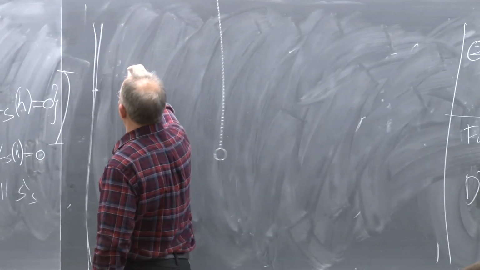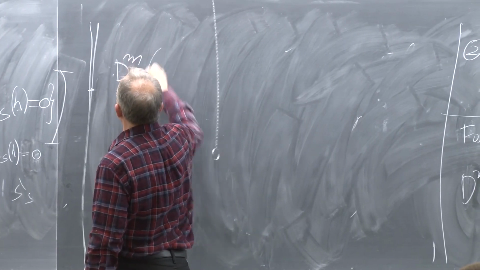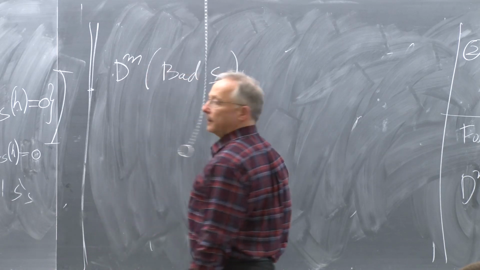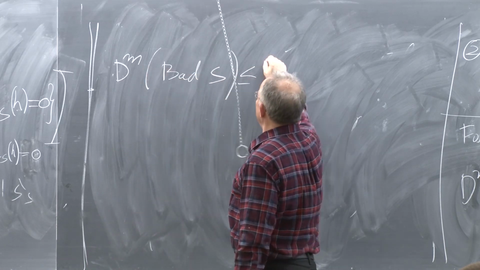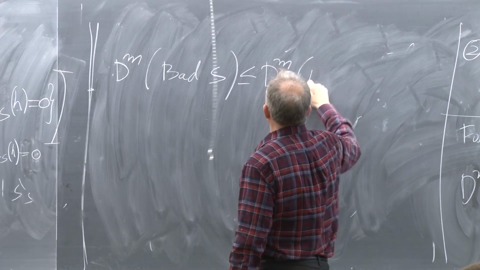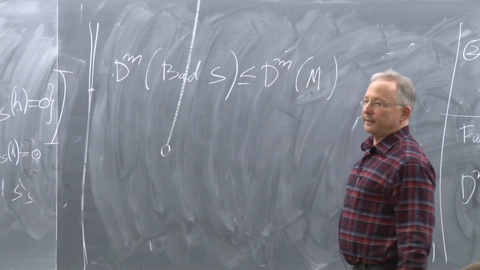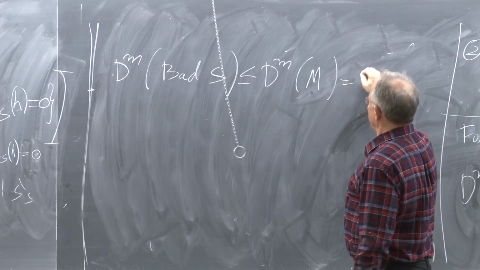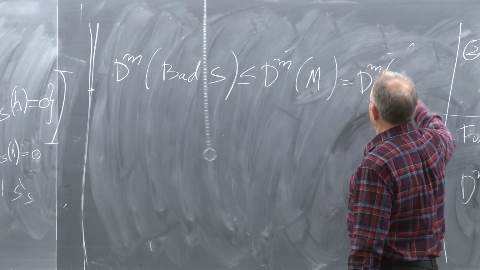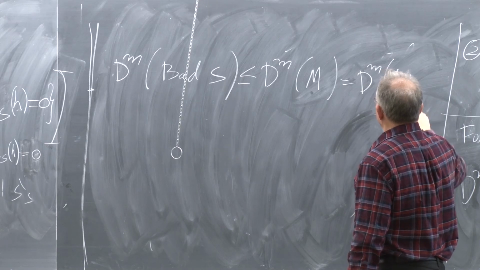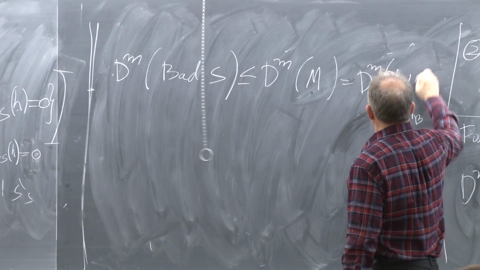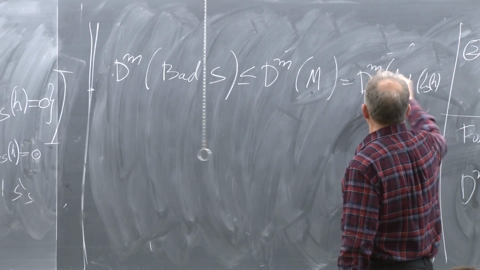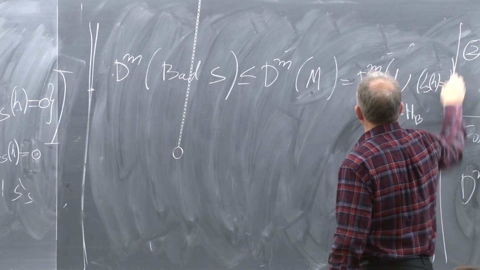We wanted to bound the probability of having a bad S. We said that this is at most the probability of the set M of misleading S's, which is the probability of the union over all h in H_B of the event L_S(h) = 0.